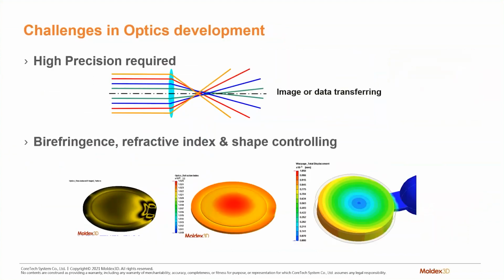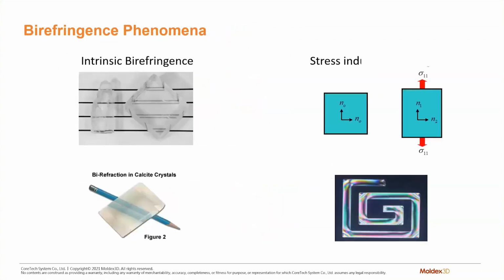So optical applications, we can say, is like more challenging and is designed to transfer the image or the data. So the required precision, the required accuracy for these parts are quite high. So how we can achieve and how we can identify those things, we'll look into this further.